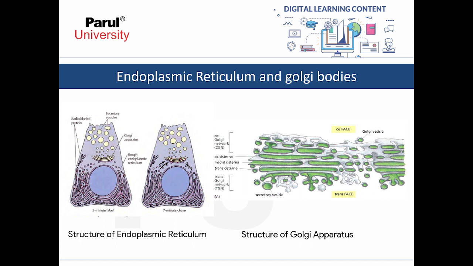These vesicles bud from specialized regions of the ER called ER exit sites, whose membrane lacks bound ribosomes. Most animal cells have ER exit sites dispersed throughout the ER network.